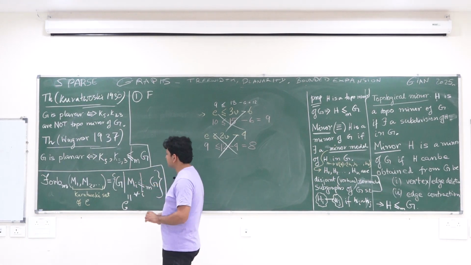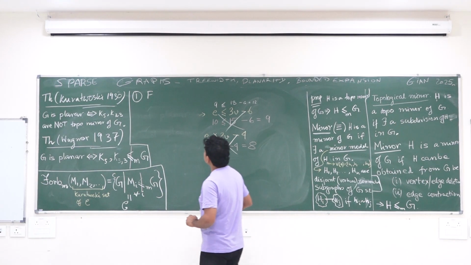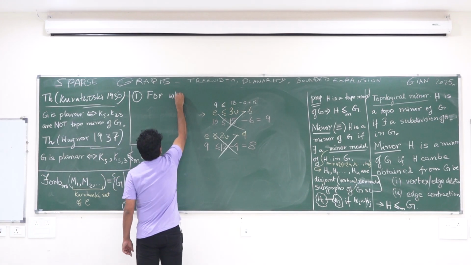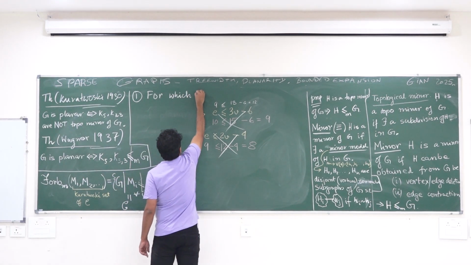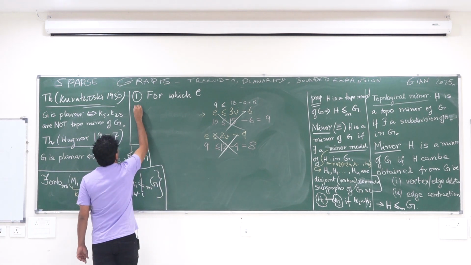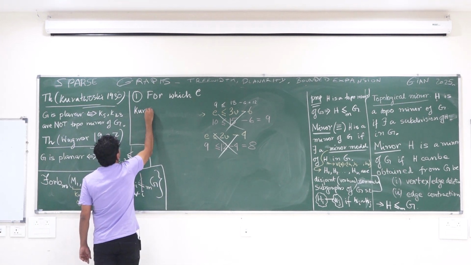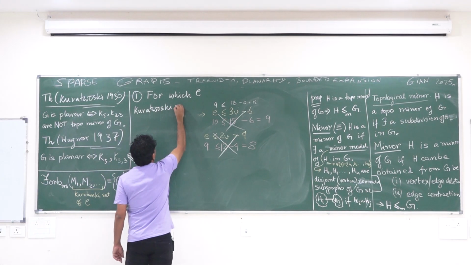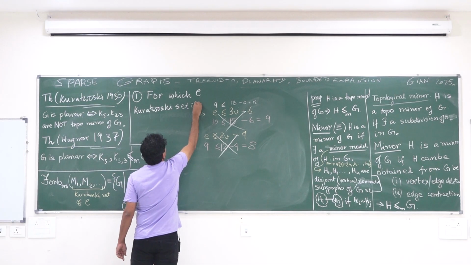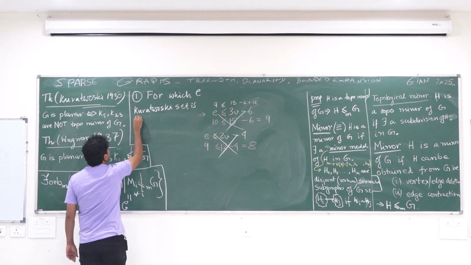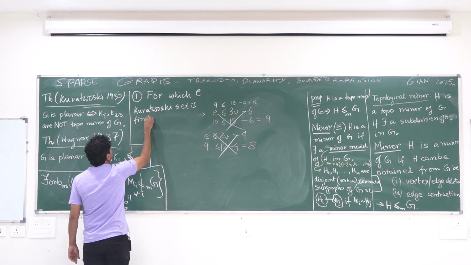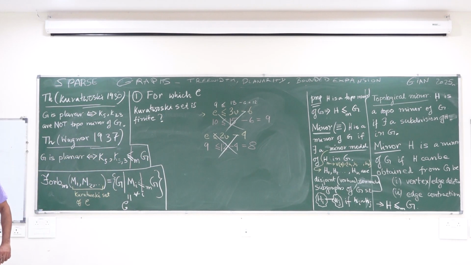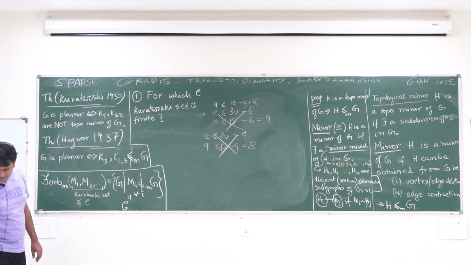So you can give some kind of a description. But the question is, for which C is the Kuratowski set finite. Okay. So C is a class of graphs. For which C is the Kuratowski set finite?